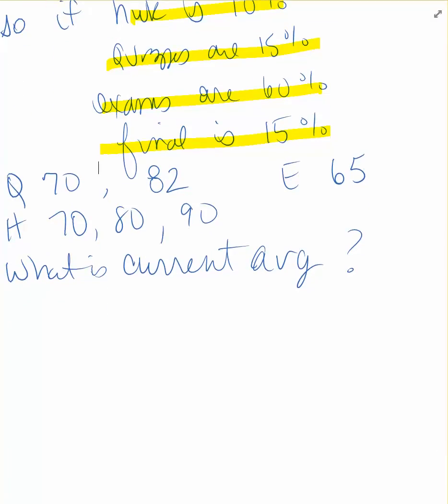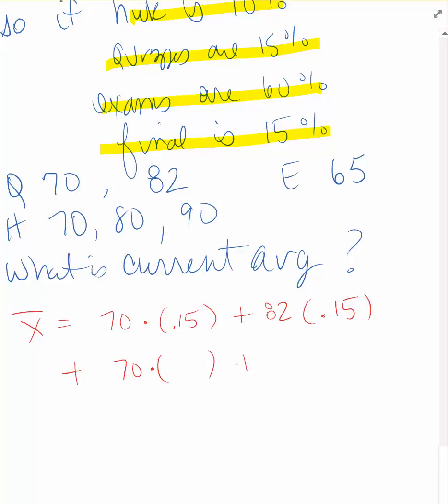To create the average, I take each score times its weight. The 70 and 82 are from the quiz category, so they are multiplied by 15% in decimal form. The 70, the 80, and the 90 get multiplied by the homework percentage, which is 10%. And then you only have one test grade, and it's worth 60%.